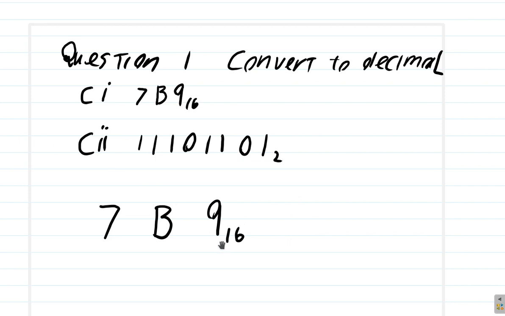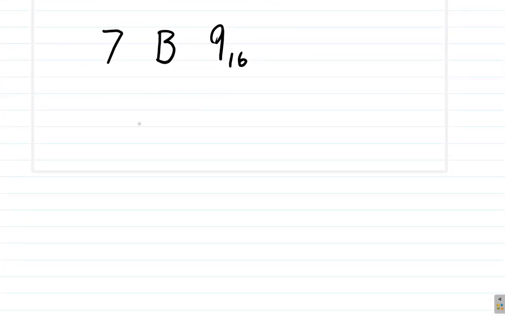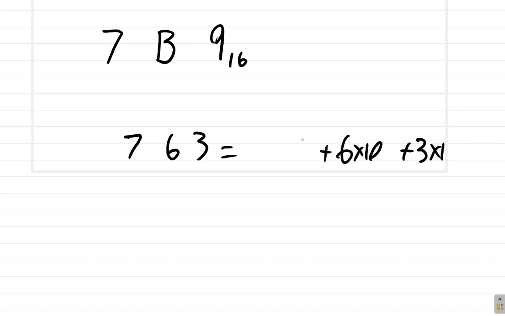Now, let's just do a quick review. Suppose we had, say, 763 as a base 10 number. This would be equal to 3 ones, which is 3 by 1, plus 6 tens, which is 6 times 10, plus 700, which is 7 times 100.